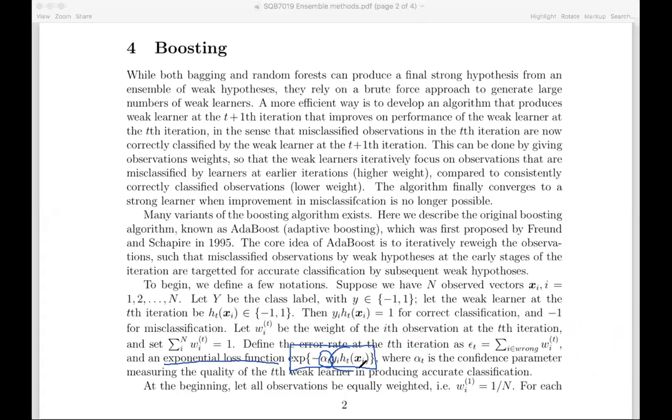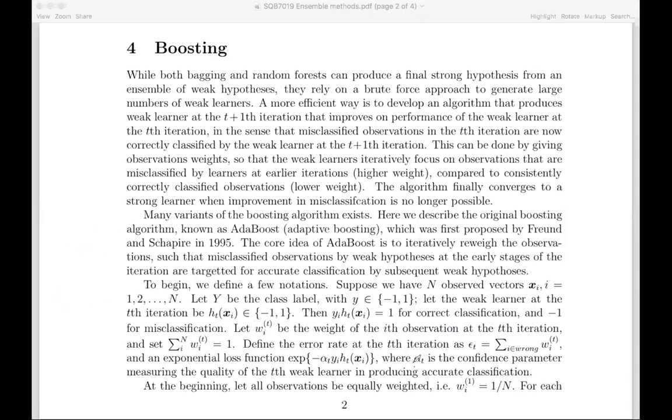This y_i h_t is the part that is 1 for correct classification and -1 for misclassification. So your loss function will be low if the classification is correct, because then you only have e to the power of minus alpha. If it is a wrong classification, your loss function will be e to the power of alpha. So this is definitely lower than that one.